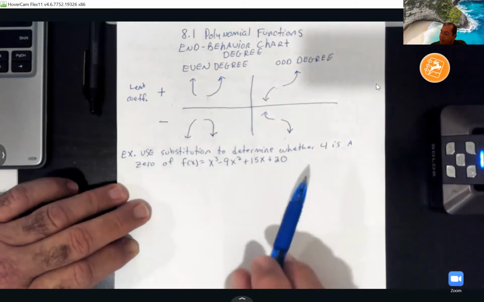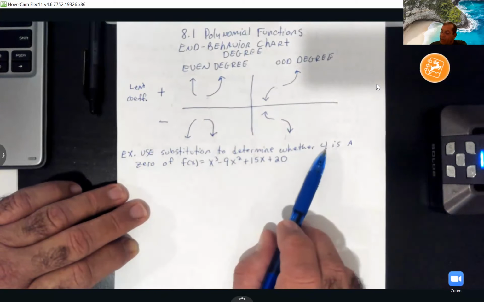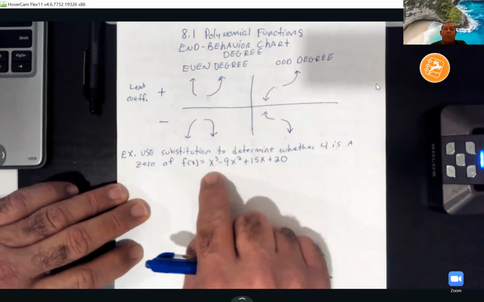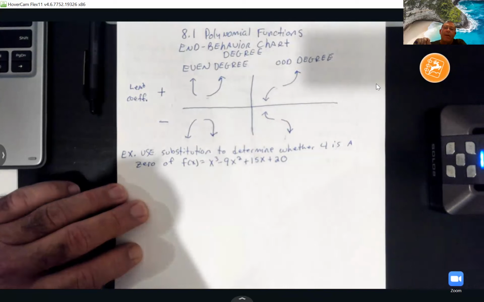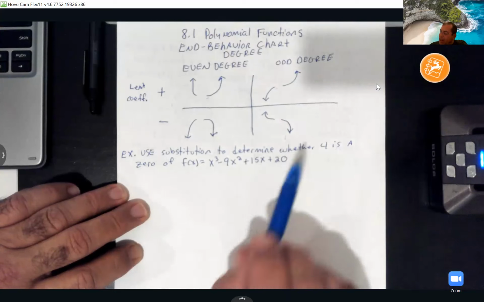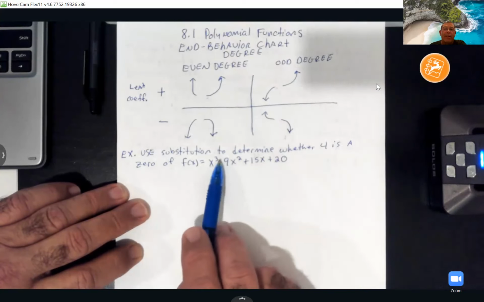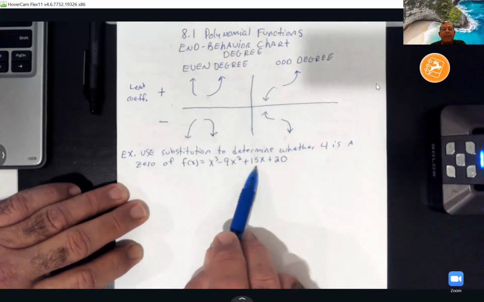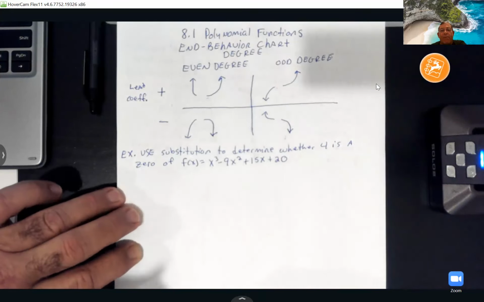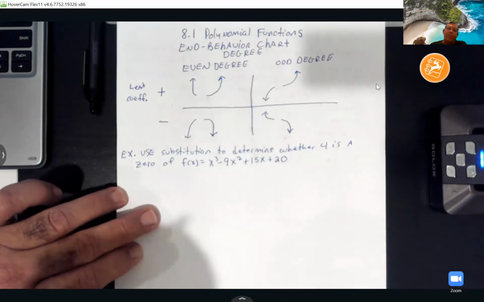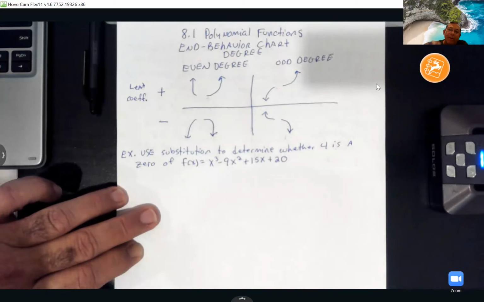So here's the thing. Remember, zeros are solutions to the quadratic equations or the polynomials when we set these equal to 0. So that means if 4 is going to be a 0 of this polynomial, when I plug it in for the x's, I got to get a 0 for the answer. So that's what it means to be a 0, is when I plug it back into the function, do I get a 0 out of that answer?